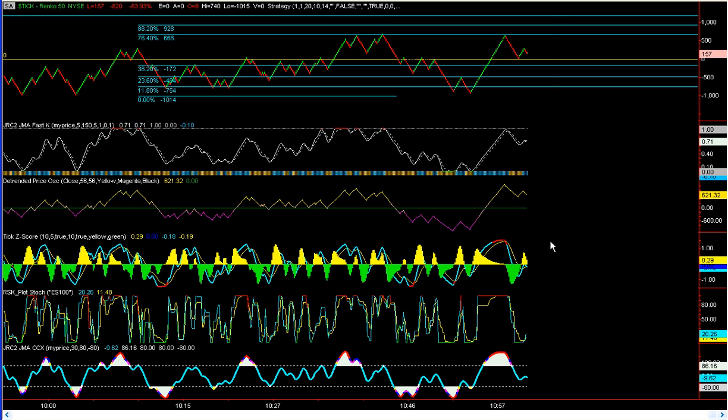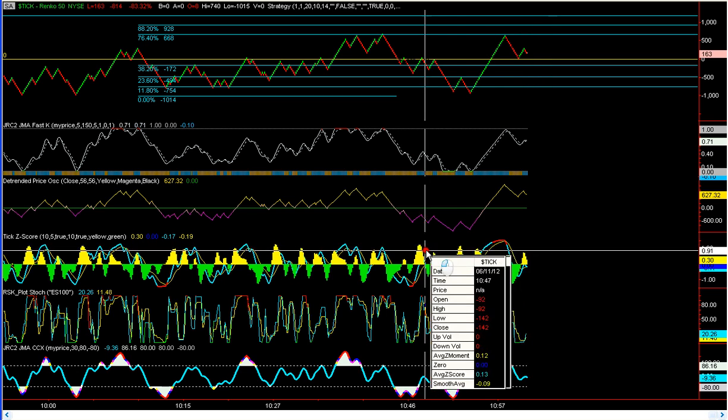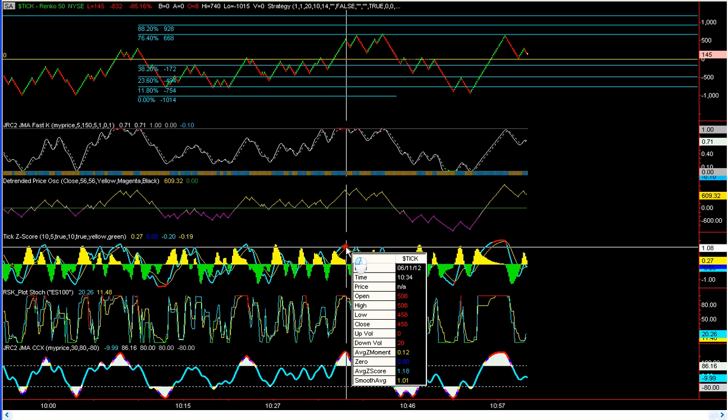Now we arrive at that color just basically by looking at where the pivots generally change direction. So for example, right in here, you can see the average z-score at its maximum was at about 1.28.